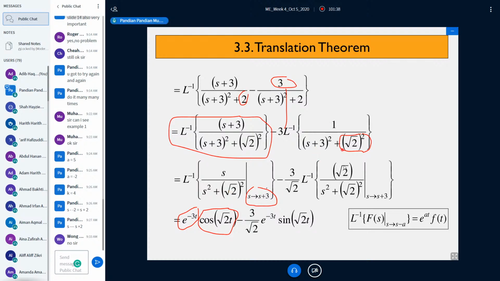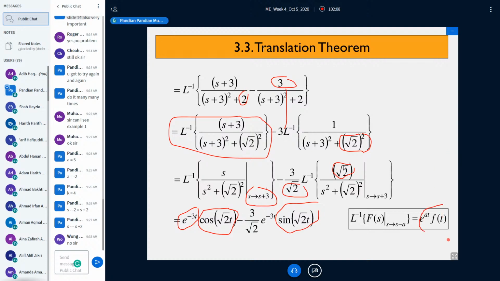Now this one, you have to put root 2 here because the sine formula is like this. Inverse Laplace of root 2 over s squared plus root 2 squared, because here you already put root 2 as a numerator, so you must divide by root 2. So this one is minus 3 over root 2. Again your a is minus 3, s minus of minus 3 according to the translation theorem.